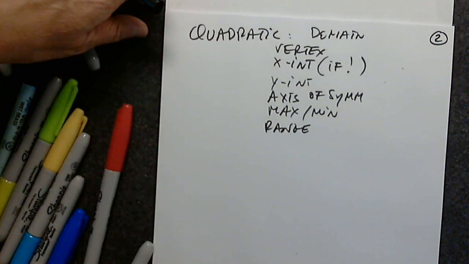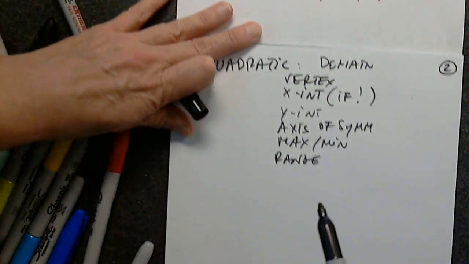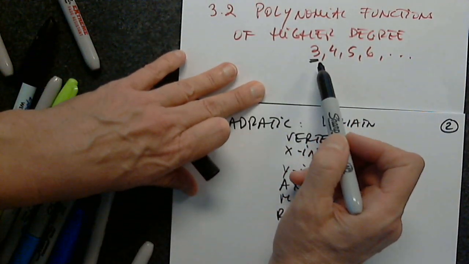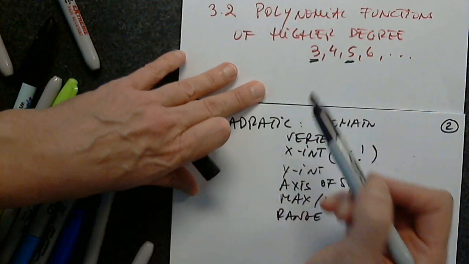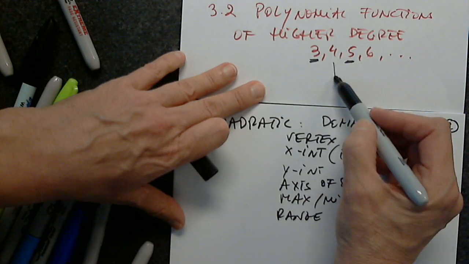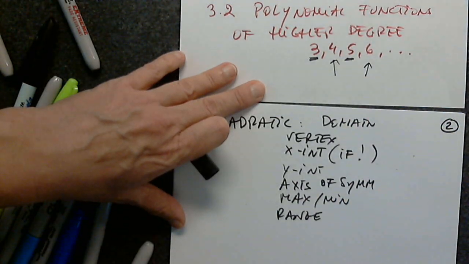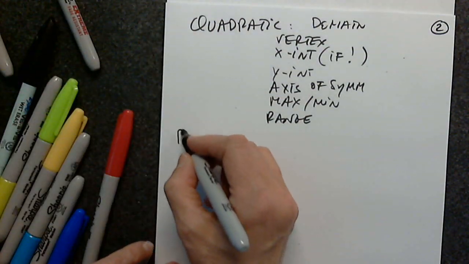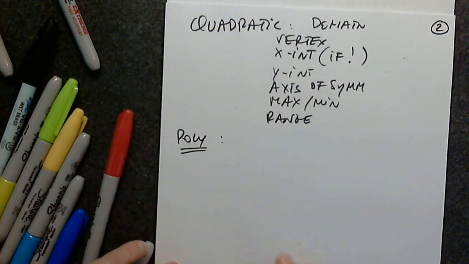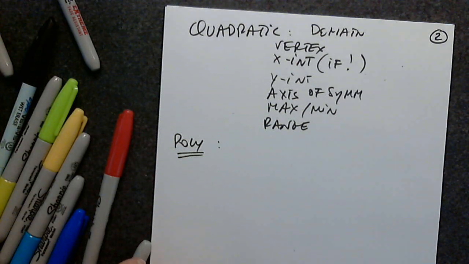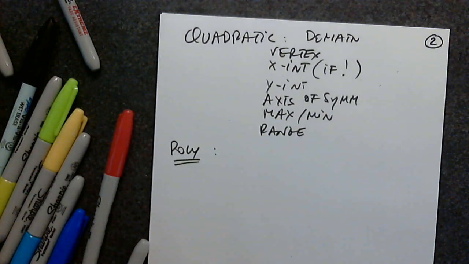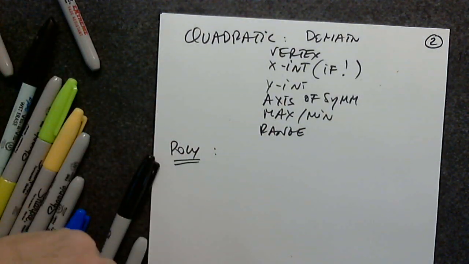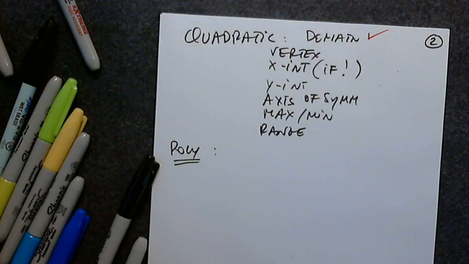Okay, by comparison, we're going to start now with a cubic function. And then we're going to look at maybe one more example with a fifth, and then we'll come back to the even degrees. Okay, for any other polynomial function, we will have the same list. We will have domain, but there will not be any problem.